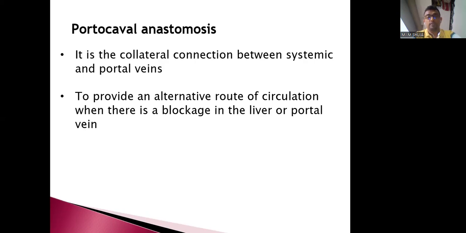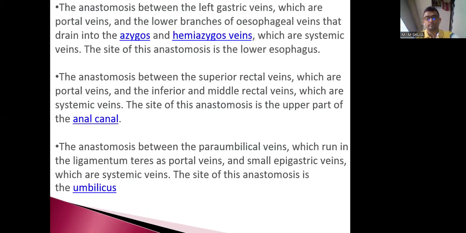To provide an alternative route of circulation when there is a blockage in the liver or portal vein. Because everything goes through the liver, if there is a block, then you cannot supply the blood. To prevent that, we have the alternative route that we call portocaval anastomosis. There's a collateral connection between systemic veins and portal veins.